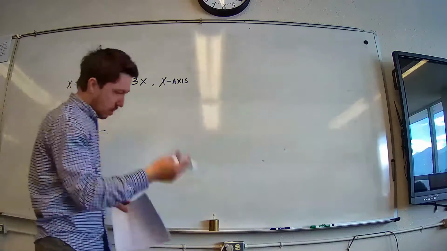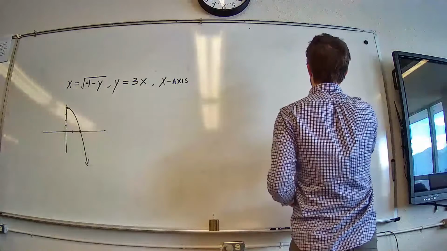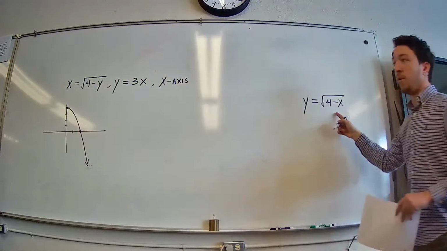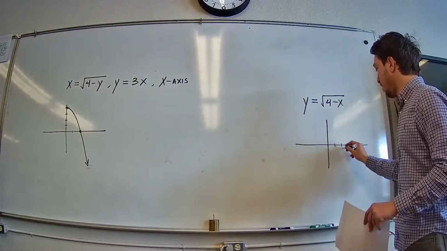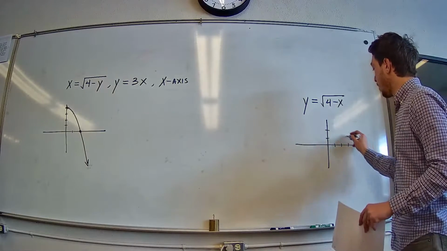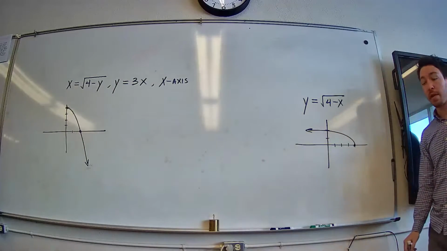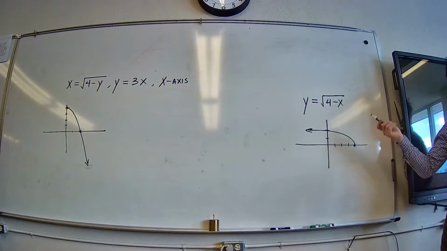But here's just something to think about. What if you graphed y equals the square root of x? This is a lot simpler. This one I would hope is fairly automatic for you. If not, you might need to brush up on your parent functions and transformations. That would look like that.